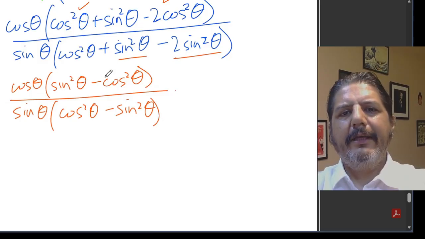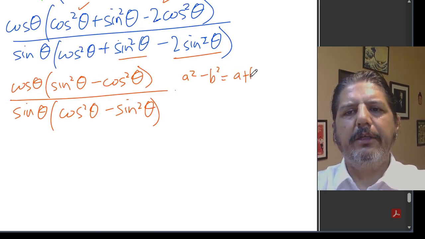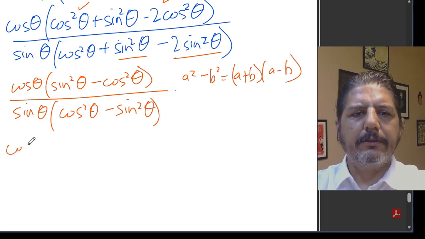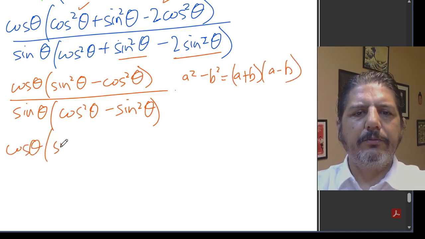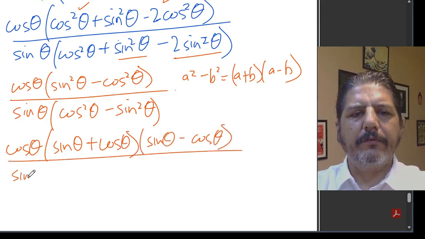Now this is a square minus b square, and I know this is equal to a plus b into a minus b. So cos theta into sin theta plus cos theta, sin theta minus cos theta, whole upon sin theta.